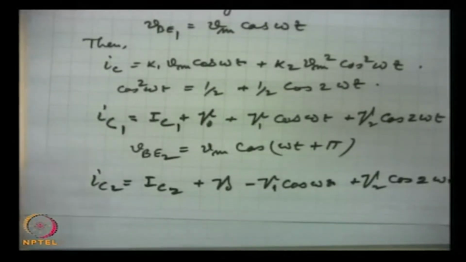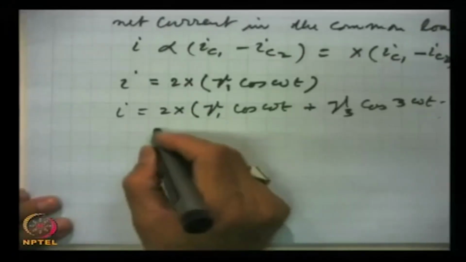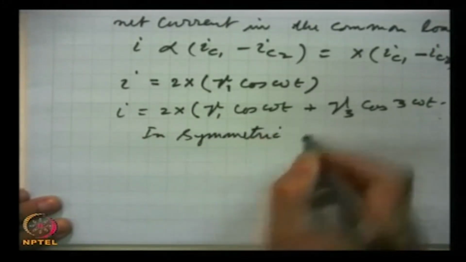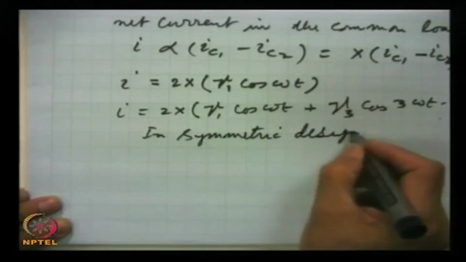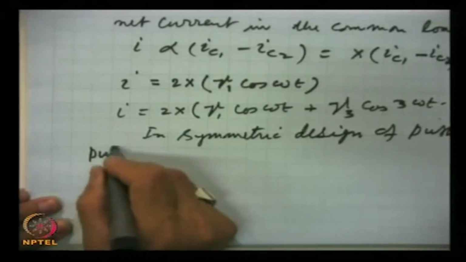For the symmetric case I have cancelled these capital C1 C2 DC currents in this expression, and this expression which has been written is for the symmetric design, which is always carried out for a push pull amplifier.